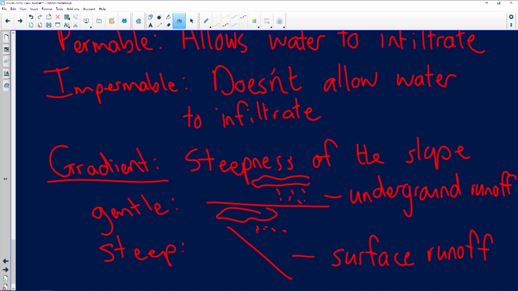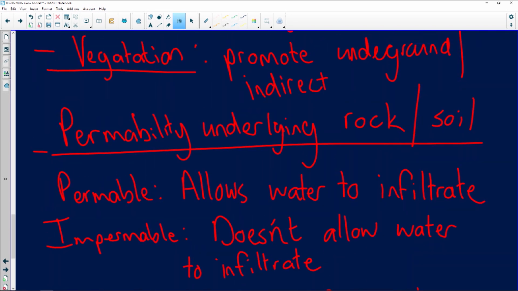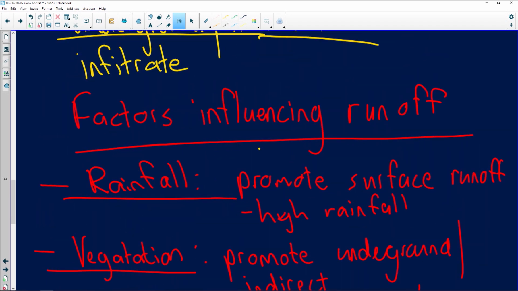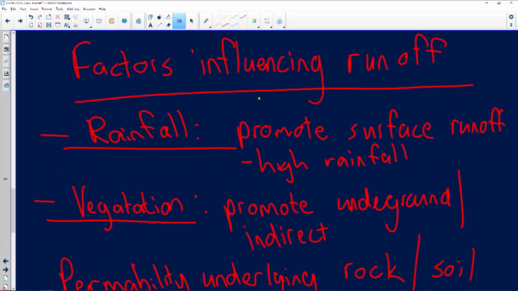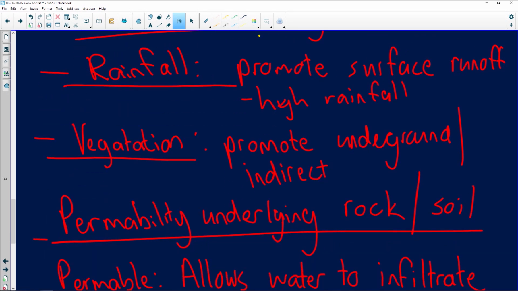Okay. So if we look at these factors that influence the runoff, when I say the factors, these factors determine if the water is going to go into the ground, underground, or going to stay on top of the surface. And it's very simple. It's the rainfall, depending how much rainfall they experience, vegetation cover, lots of vegetation, less vegetation, the permeability of the underlying rock.